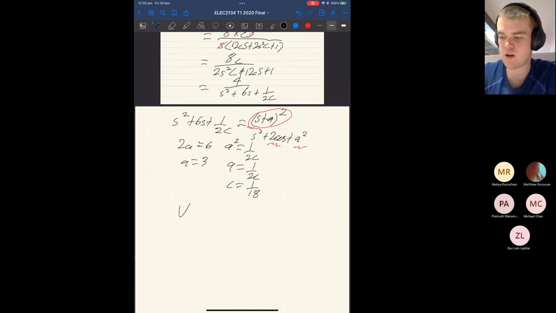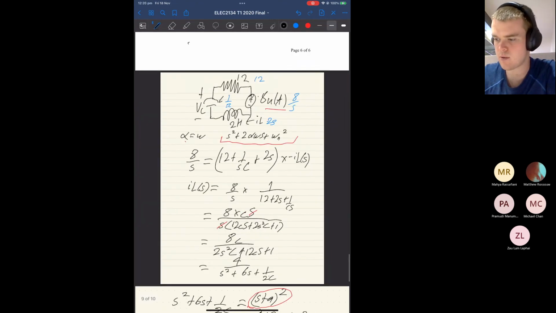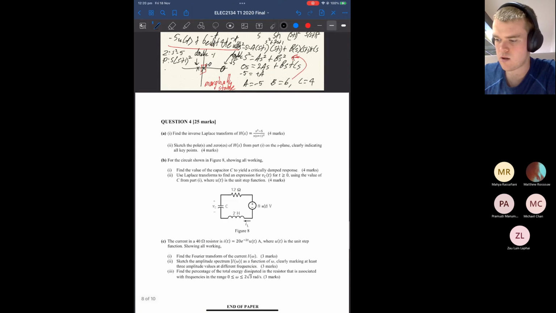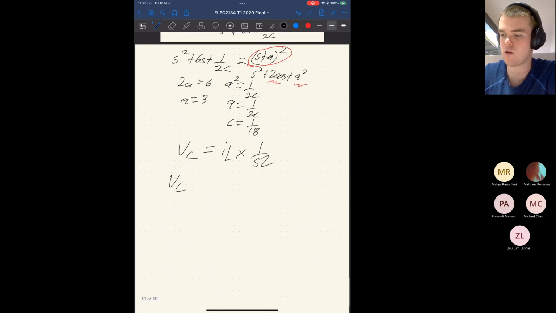So then we just need to find VC is equal to IL multiplied by 1 on SC, because it's just the impedance of the capacitor. The trick is though, they want it in terms of time. So we'll need to bring it back.